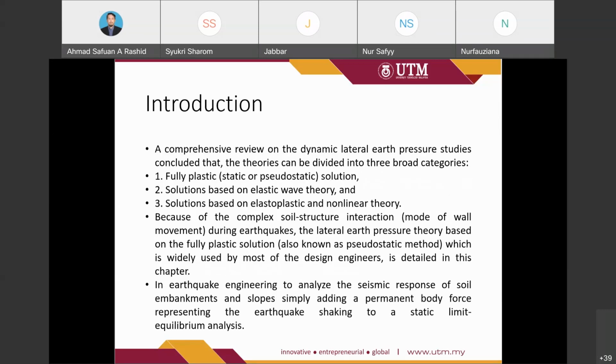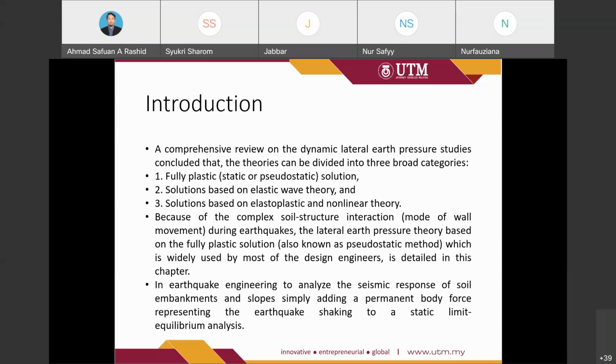A comprehensive review of dynamic lateral earth pressure studies concludes that the theory can be divided into three broad categories. The first is the fully plastic solution, the second is a solution based on elastic wave theory, and the last is a solution based on elastoplastic nonlinear theory.